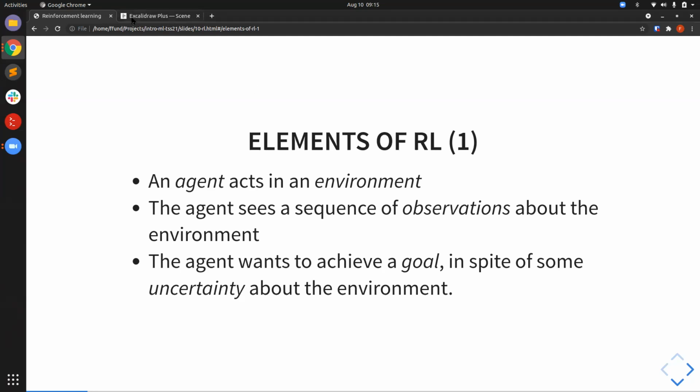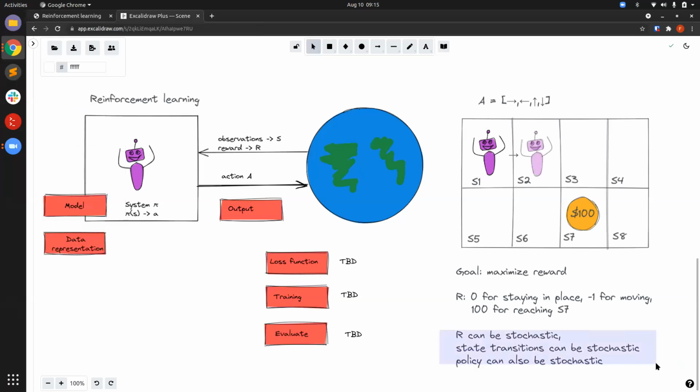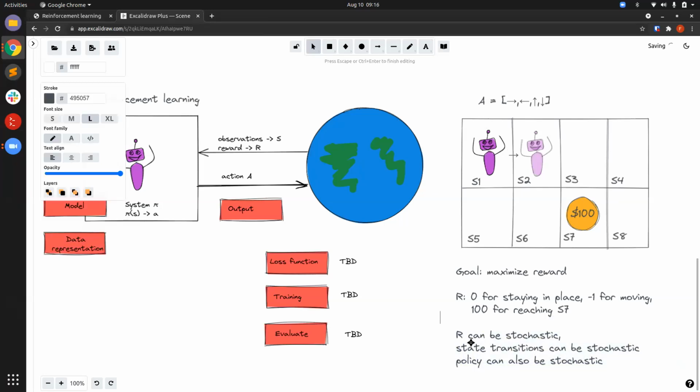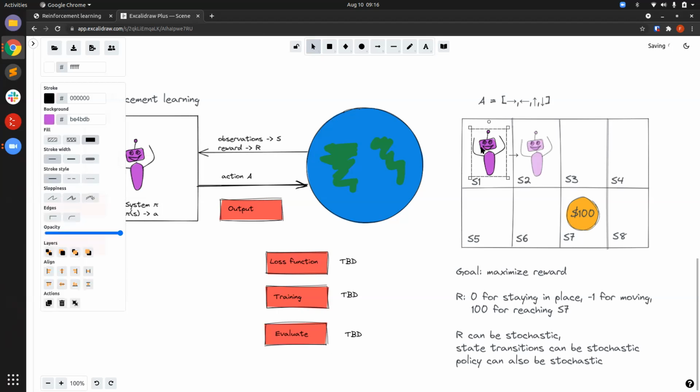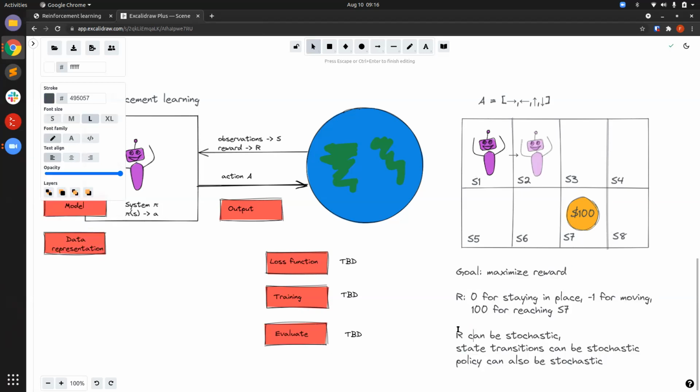There's actually two kinds of uncertainty. There's an uncertainty because some of this is stochastic, and there's also uncertainty in that the robot just doesn't know much about the environment yet. Okay. So when we start off in this corner over here, we don't know what the reward is for moving to a different state. We don't know that there's a reward of $100 in state 7.